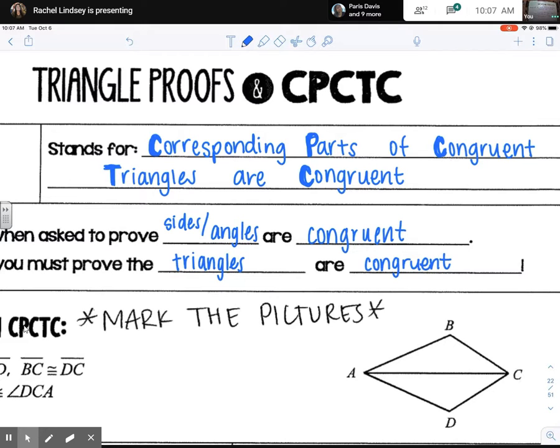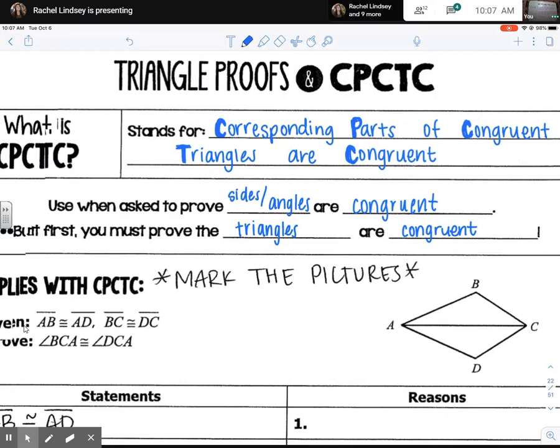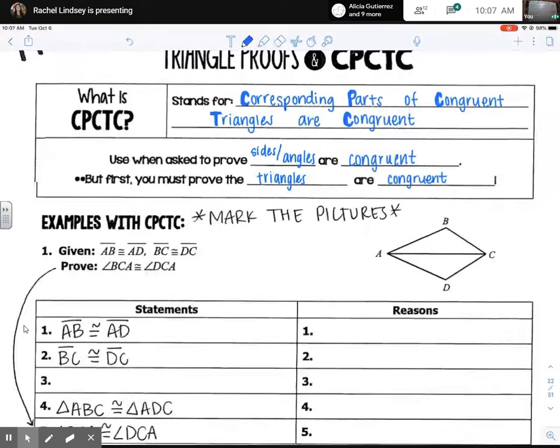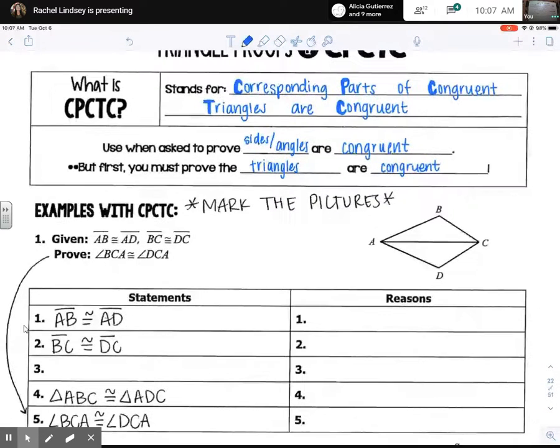So normally statement 4 is where we've been ending off, but this one has that one extra step where it wants to show that the angles are congruent. So first we prove the triangles congruent, then we can say the angles are congruent by CPCTC.